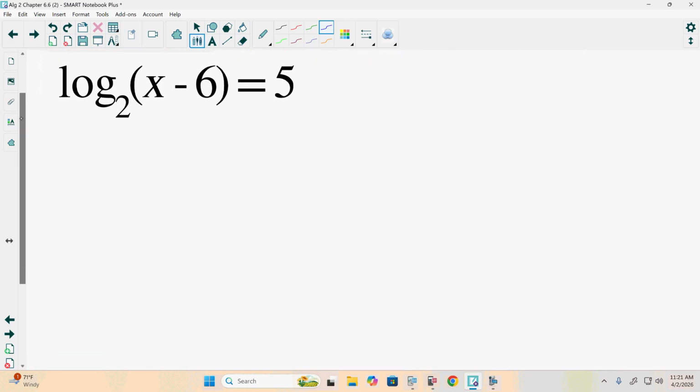Log base 2 of x minus 6 equals 5. Do we have one term on either side? We do. The x minus 6 is kind of throwing us off because it seems like more than one, yes? But since it's inside those parentheses, inside that log, that's all connected as one. This is considered one whole term.